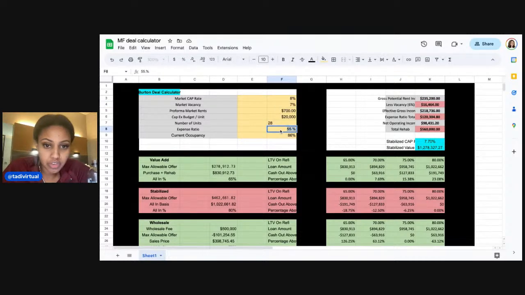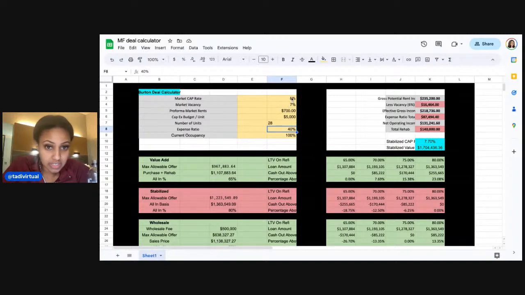This has a 40% expense ratio. And it's 100% occupied. And it's turnkey. But again, I don't believe in that. So I'm going to just put $5,000 a unit because something's going to go wrong.